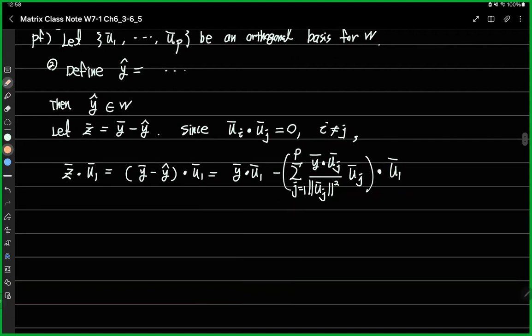So this can be simplified, because u_i dot u_j equals 0 if i is distinct from j.